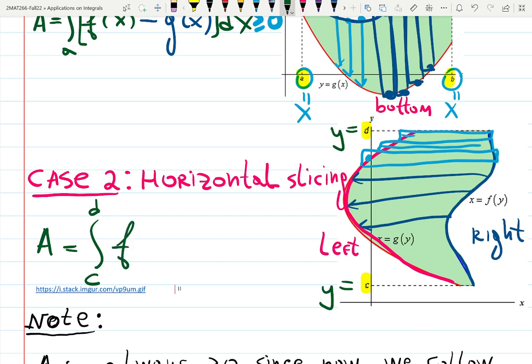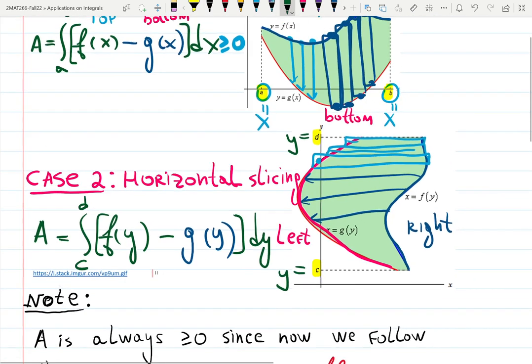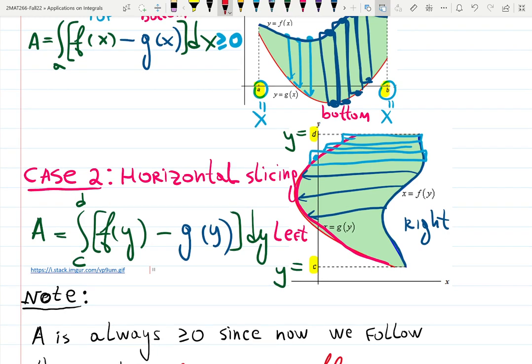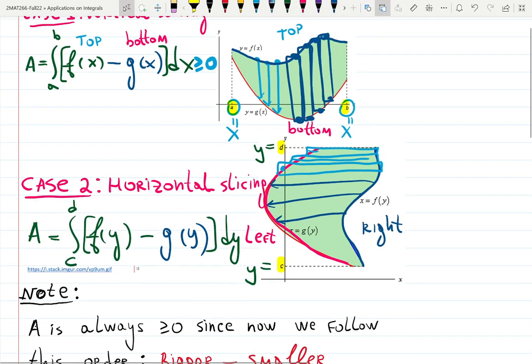So it's going to be f of y on the right minus, no, g of y on the left. And the integral will be dy. So let's put those in the boxes. The area is also positive.